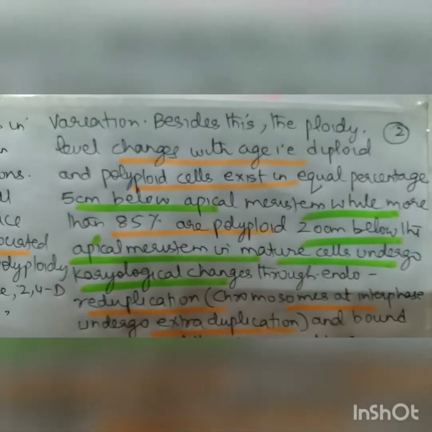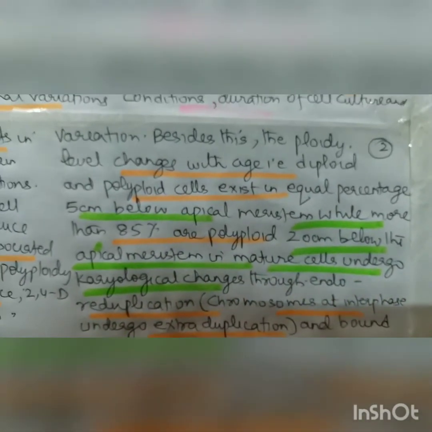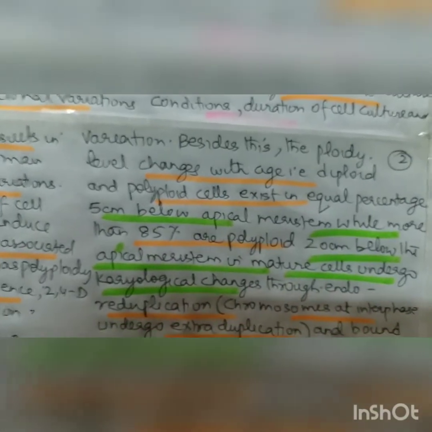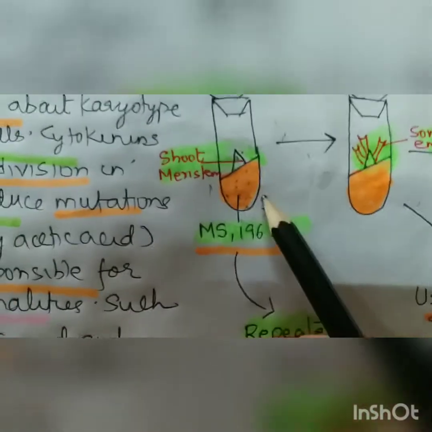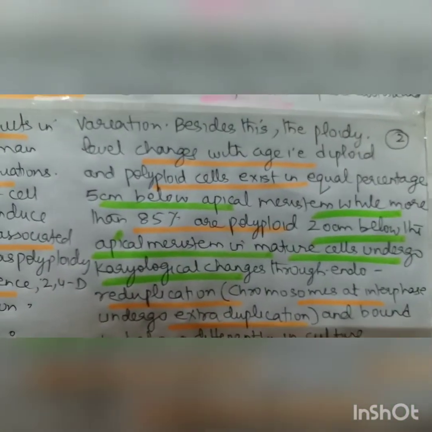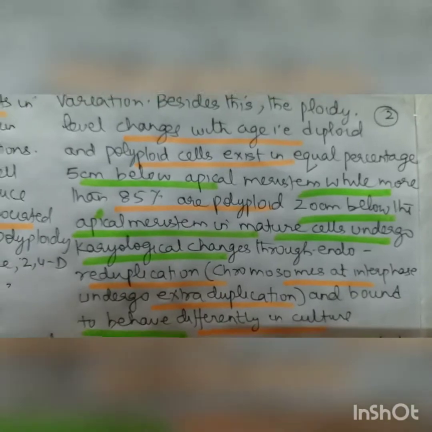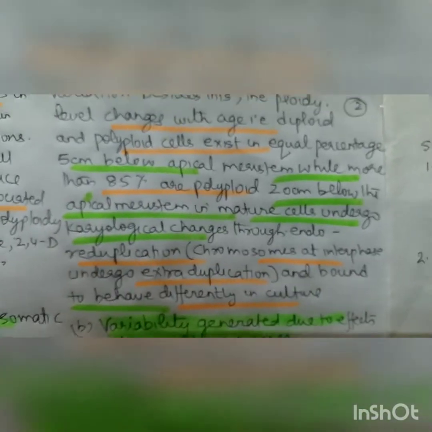If we are doing apical meristem culture, there are also chances of polyploid cells. So if we take the apical meristem, up to 5 cm is okay. When we go just below 5 cm, we will have 50% chances of polyploid cells, while more than 85% are polyploid 20 cm below.